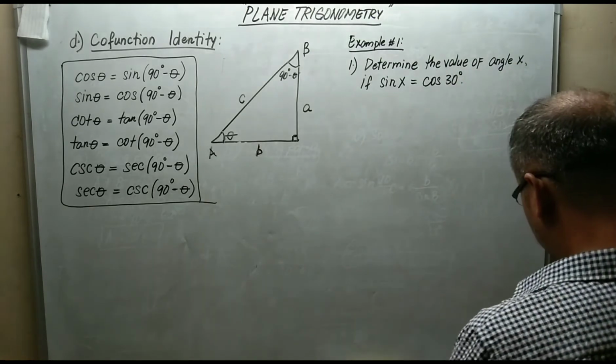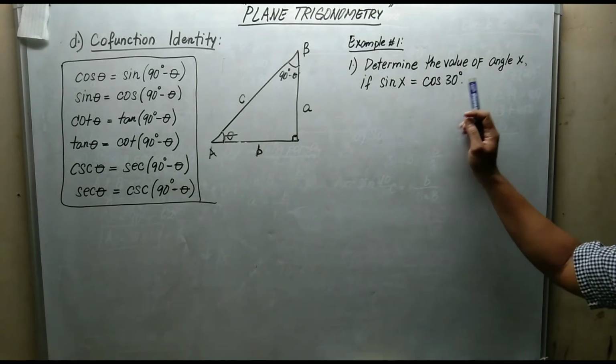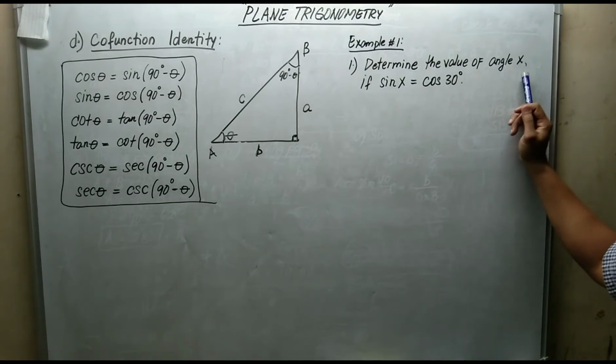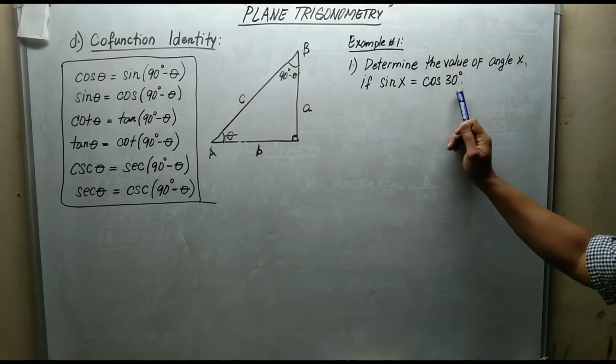Okay, as you can see, guys, our first problem states that determine the value of angle x, if sine x is equal to cosine 30 degrees.